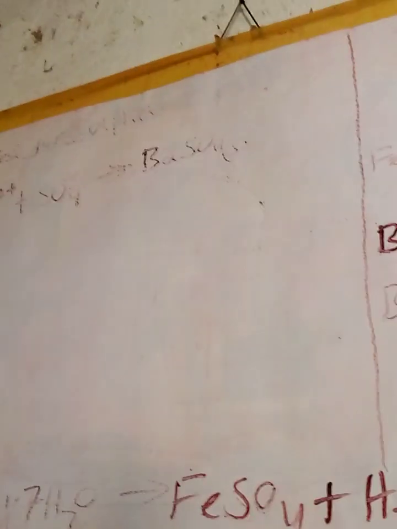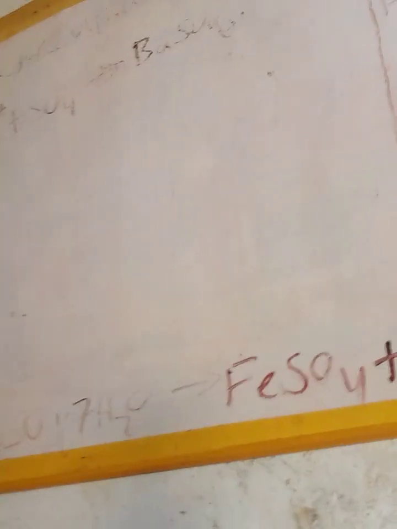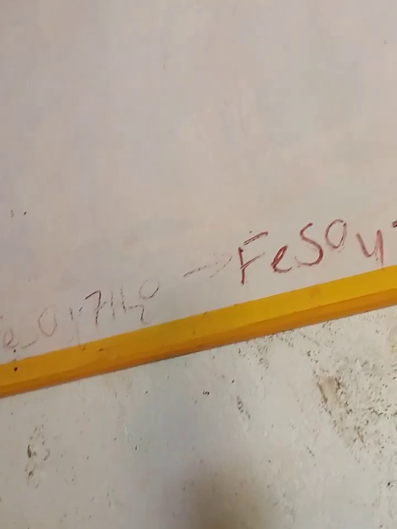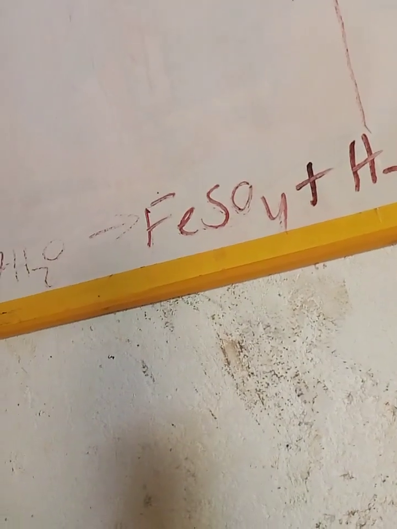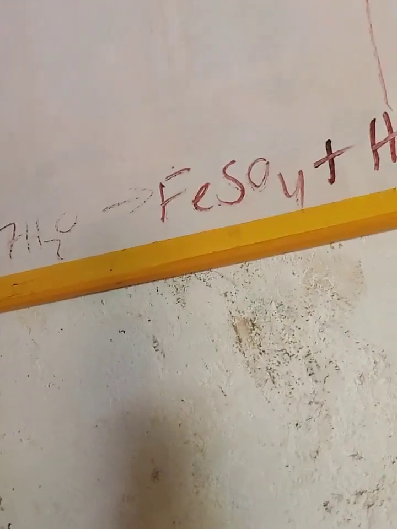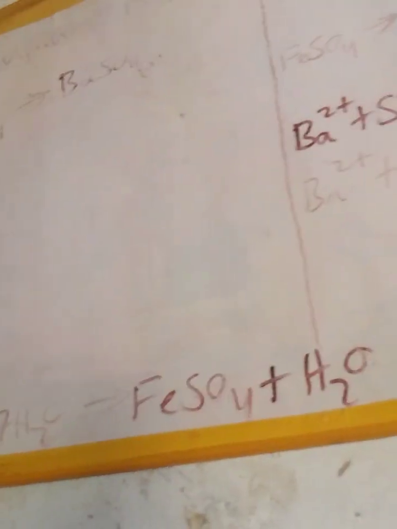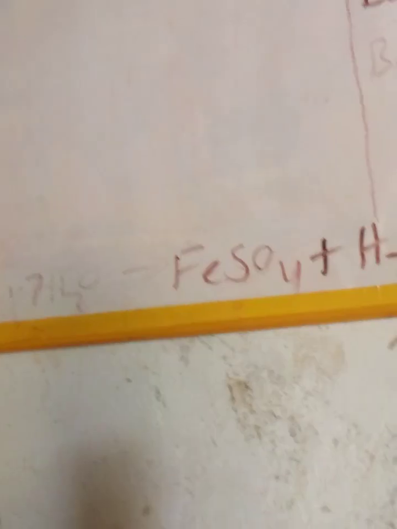When you take dilute HCl and barium chloride and add to a solution that contains a sulfate, a white precipitate is formed.